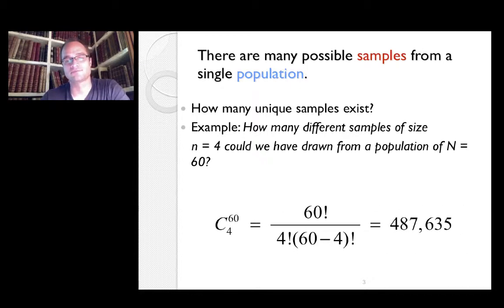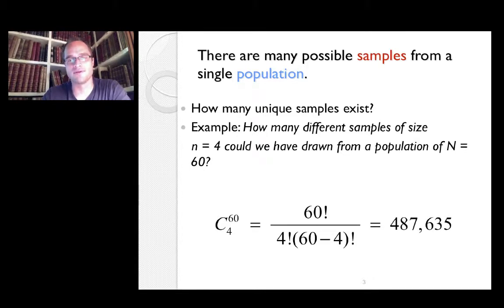And the combination formula is as follows, where you have the factorial sign. So the numerator, for example, is 60 times 59 times 58, and so on. And the rest is pretty simple. From a population size of 60 and repeated samples of 4, you could get 487,635 unique samples of size 4.